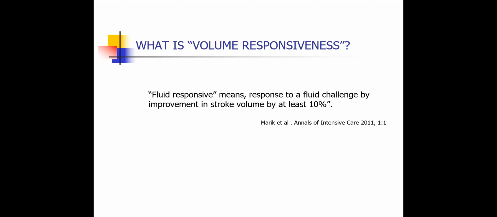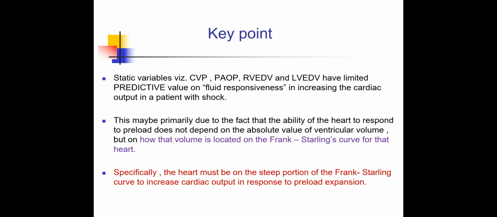Fluid responsive means a response to a fluid challenge by improvement in stroke volume or cardiac output by at least 10%. In fact, specifically an increase in stroke volume, because sometimes the cardiac output can be increased merely by increasing heart rate.